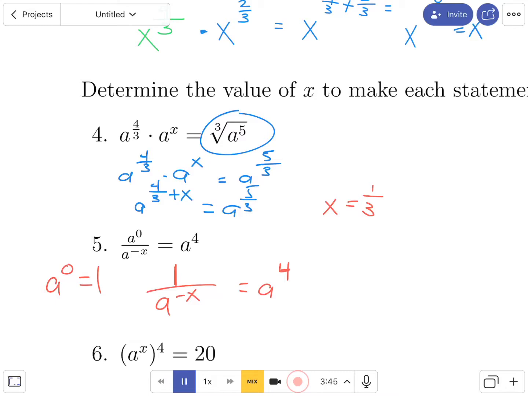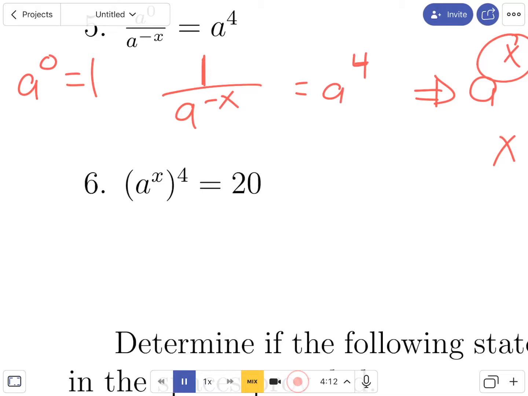And so now we can ask ourselves, well, what could we substitute in for x so that we get a to the 4th power out? And remember, we can rewrite a negative exponent by pushing it across the fraction bar, or by finding its reciprocal, and we get a to the x power equals a to the 4th power. And obviously the only thing here that can make this true is when x equals 4.